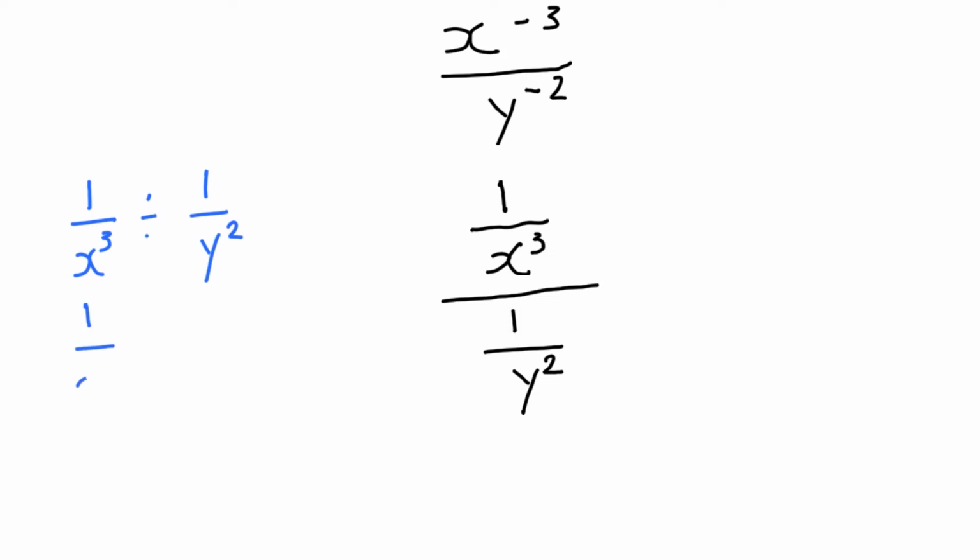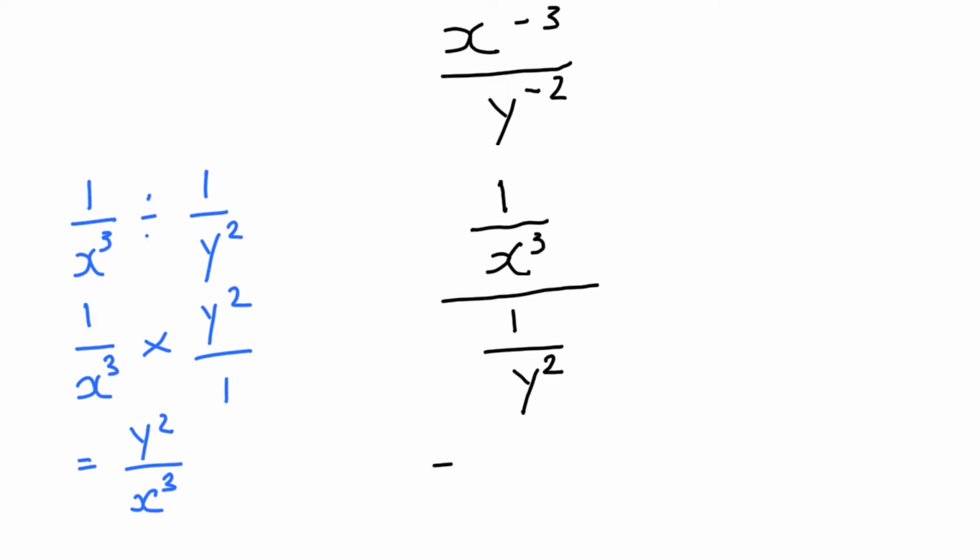So what we're going to do in this case is keep this first fraction the same. We are going to flip and multiply. And here we get 1 times y to the power of 2, which is just y to the power of 2, over x to the power of 3.